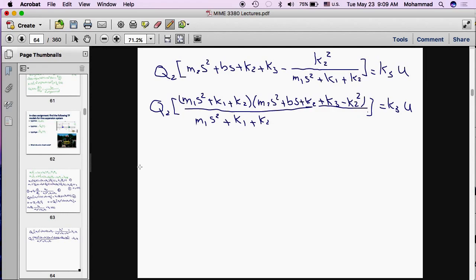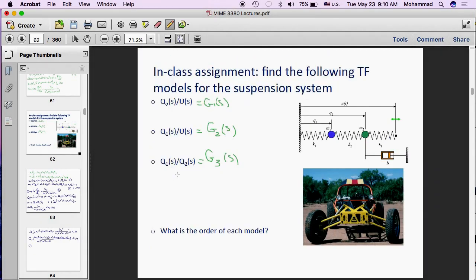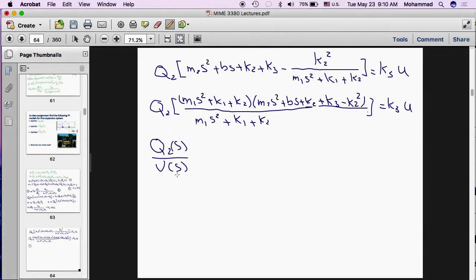Okay. The next step is to create Q2 of S over U of S. That's the transfer function. What did we call this transfer function? Q2 over U, we called it G1 of S. Okay.